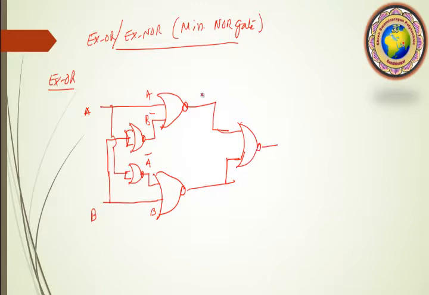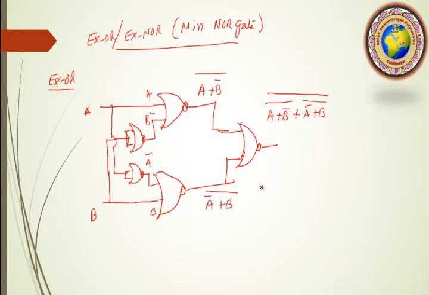Here is what I receive: A plus B bar whole bar, and here I receive A bar plus B whole bar. Once again I take these together and receive A plus B bar whole bar plus A bar plus B whole bar whole bar.